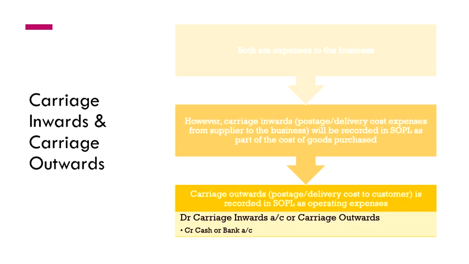Okay. So maksudnya kalau you nampak perkataan carriage inwards and carriage outwards, it is referring to the postage or transportation cost. Okay. So kedua-dua ni obviously is your expenses lah.